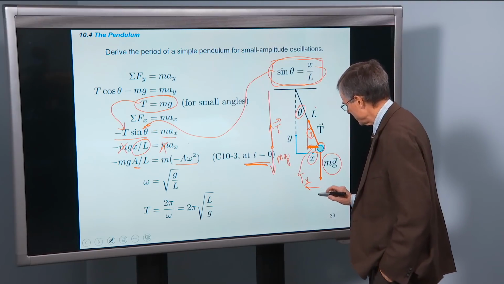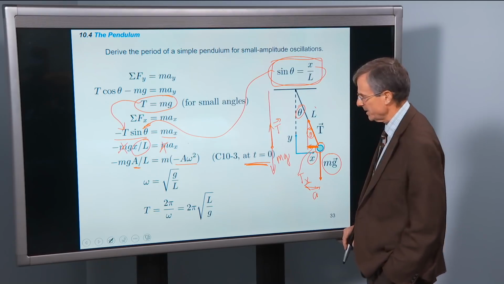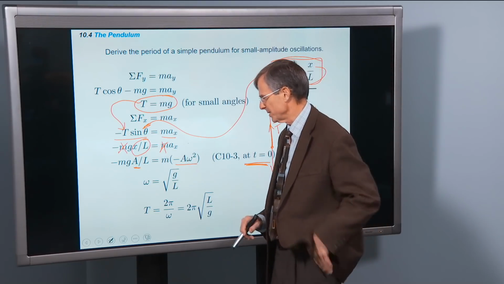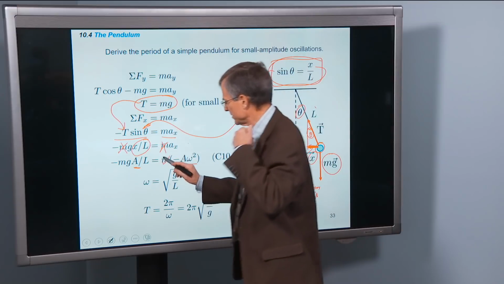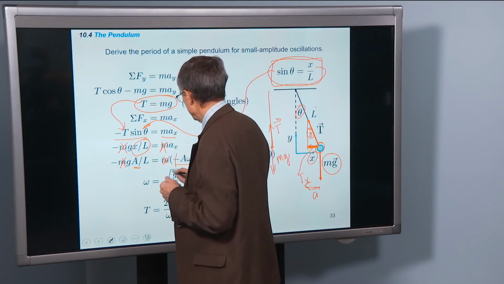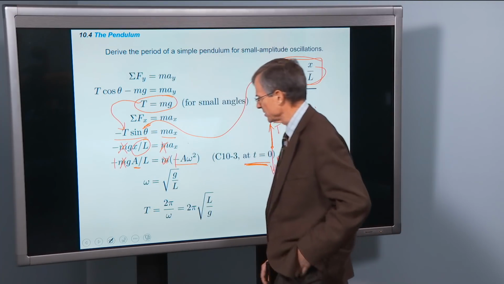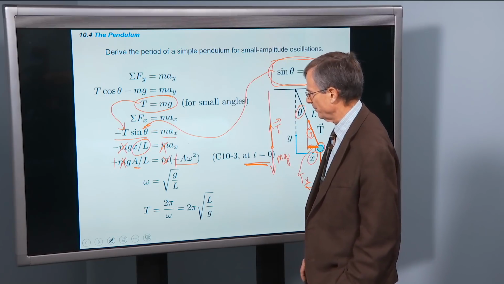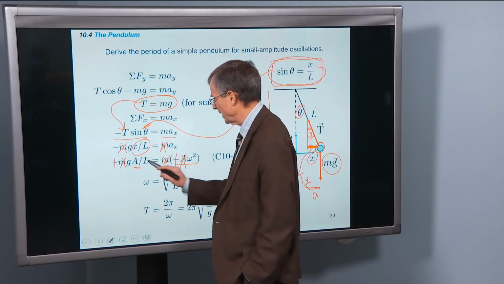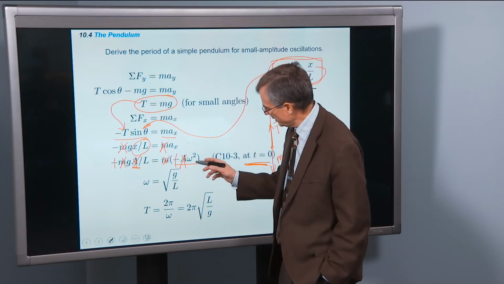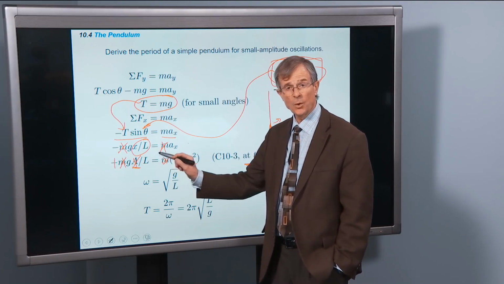So the acceleration is in this direction, the minus x direction. That's why you need that minus sign. And the masses cancel, the negative signs cancel, and we can solve for omega. The A's actually cancel. And so we're left with omega squared equals g over L.